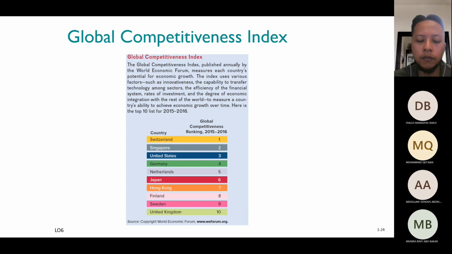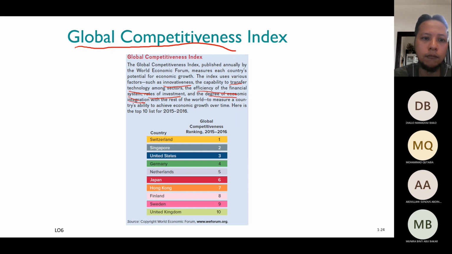Yeah, and then if you want to look at another factor that influences growth, basically they look at the global competitiveness index. Okay, so this competitiveness index looks at various factors such as innovativeness, capability to transfer technology, efficiency of financial system, rates of investment, and degree of economic integration.